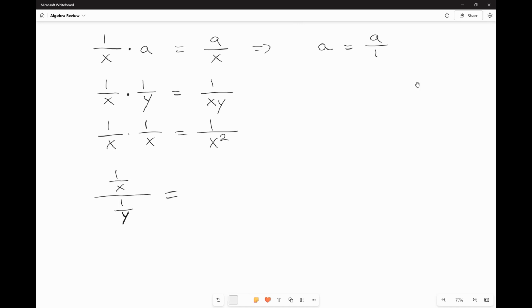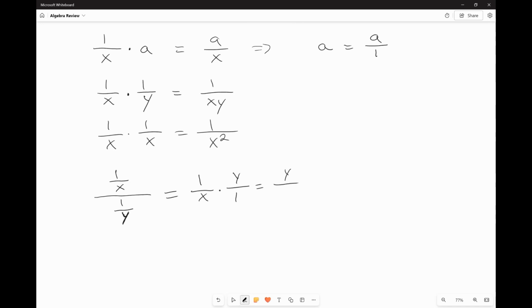What is this equal to? This is a tricky one, but there's actually a nice trick for this. Whenever you take one fraction and divide it by another fraction, you take the bottom fraction and flip it upside down and then multiply it together.